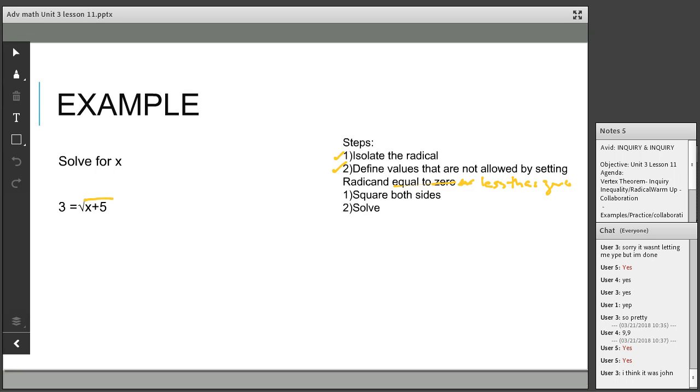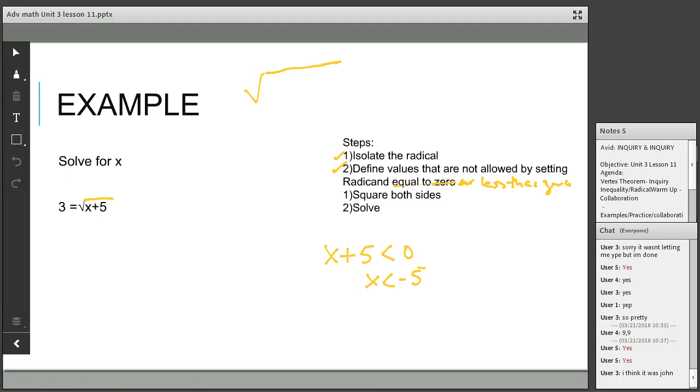So remember, when we're solving radicals, we don't want to put negative numbers underneath the radical sign. We're not working with imaginary numbers in this case. So we have to make sure that whatever value of x we get does not give us a negative value underneath that radical sign. So we set it as less than 0.